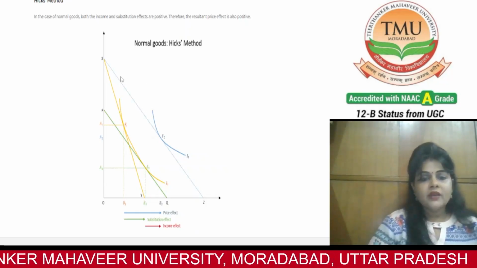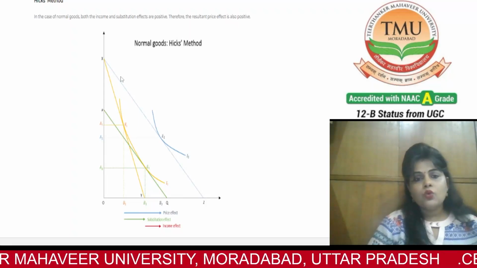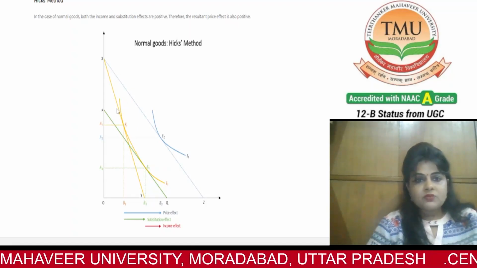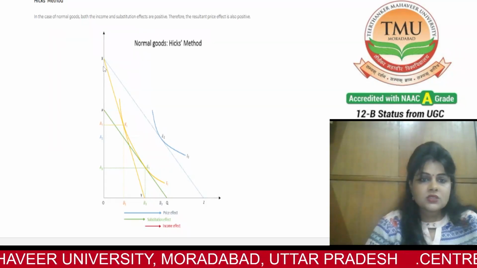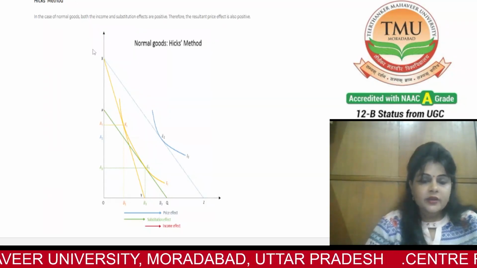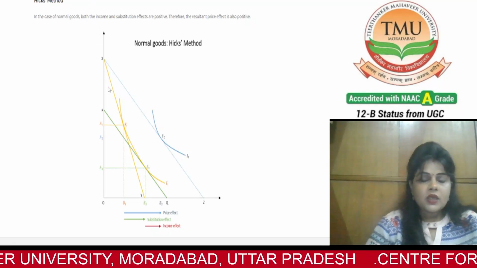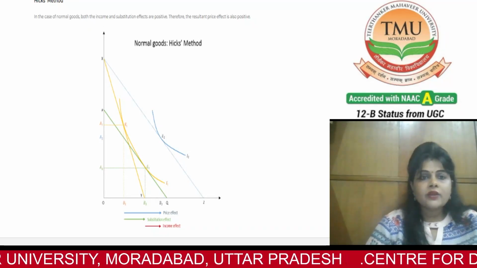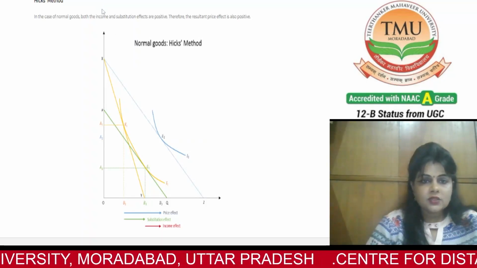The budget line rotates from XY to XZ. The first budget line is this orange line, XY, and the budget line rotates to here, XZ. It's the new budget line.